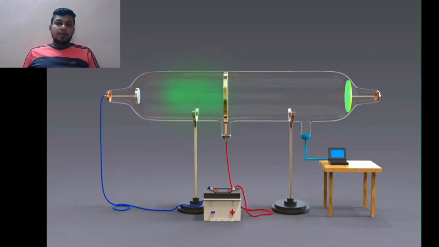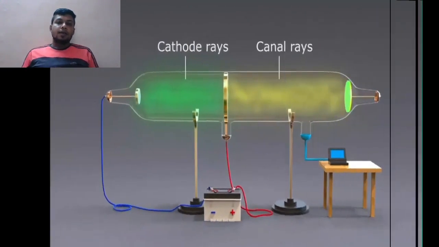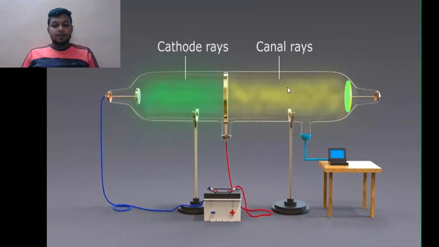On passing an electric discharge, rays were observed which traveled in the direction just opposite to the cathode rays. Here you can see the cathode rays, but there is one more ray.